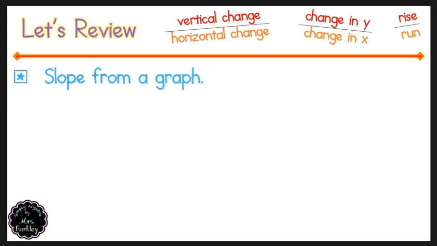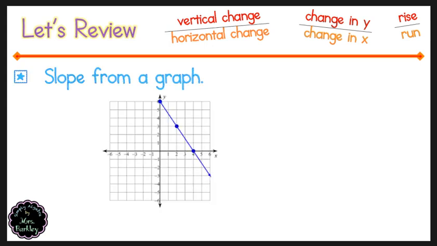So when we were working with slope from a graph, we would be looking for that vertical change compared to that horizontal change, or the rise to the run. And so we started with our point on the left. So we would start at this point here, and we would go down however many it would be so we could match up to that point.